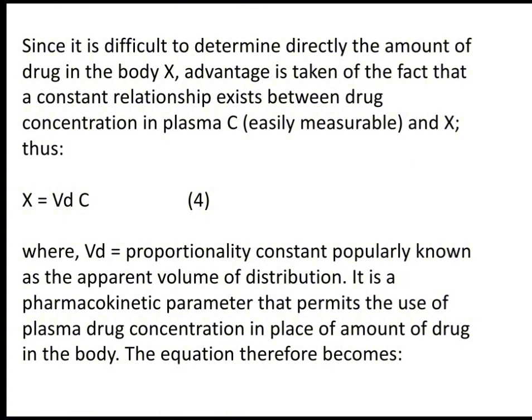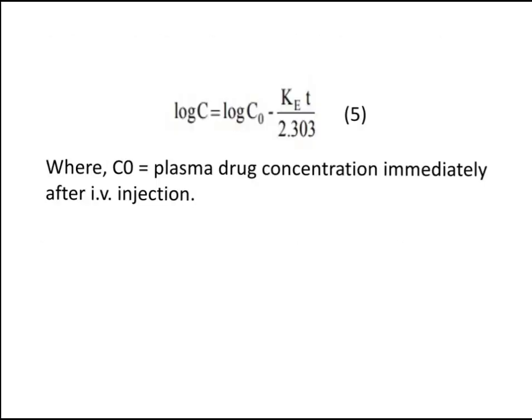It is a pharmacokinetic parameter that permits the use of plasma drug concentration in place of amount of drug in the body. The equation therefore becomes log C = log C0 - Ket/2.303, equation 5, where C0 is the plasma drug concentration immediately after IV injection.